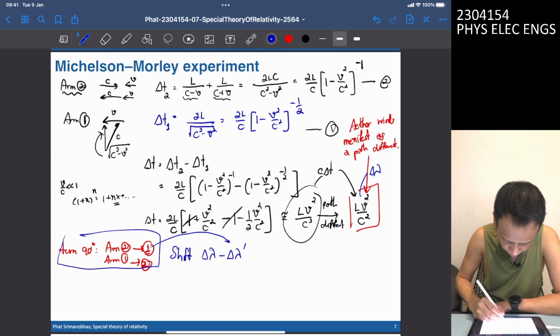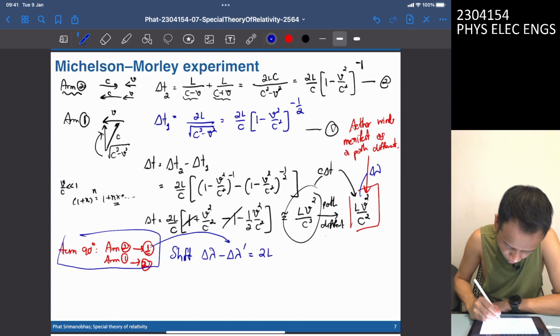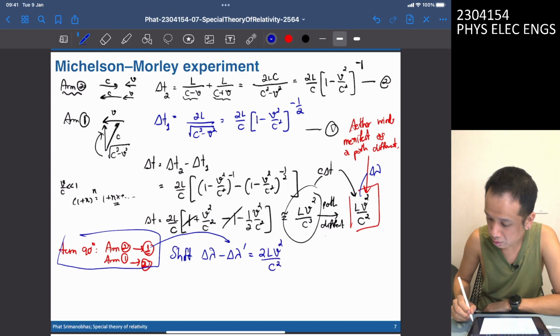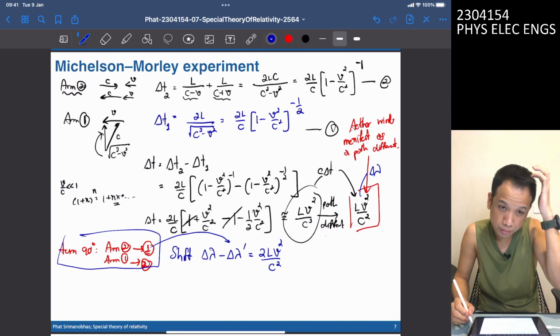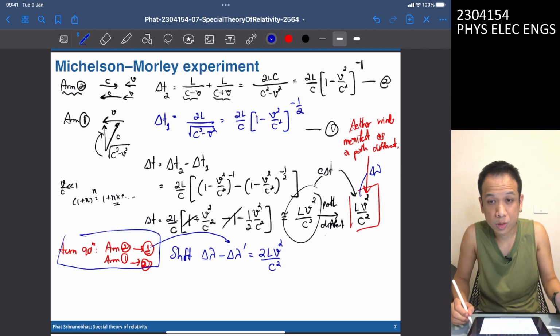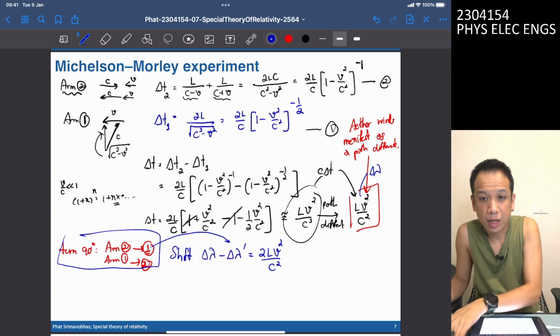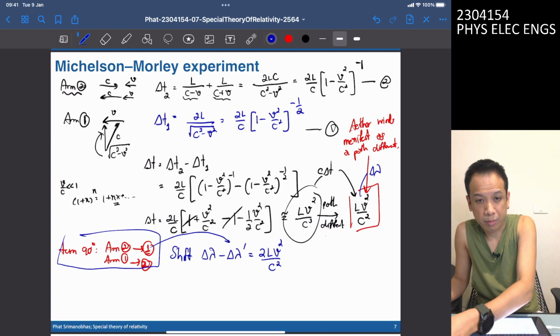So this is going to equal 2LV squared over C squared. This is the total shift, the path difference that you're going to see from the two setups.